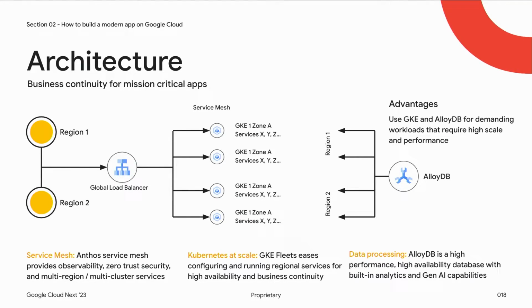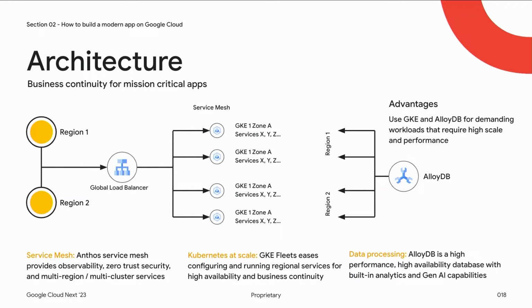In the middle section, you'll see that we recommend using GKE, which is our flagship product for the compute layer. GKE, we will distribute based on your application workloads and wrap it around with service mesh to handle the GKE fleets.